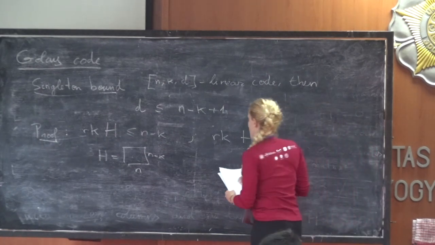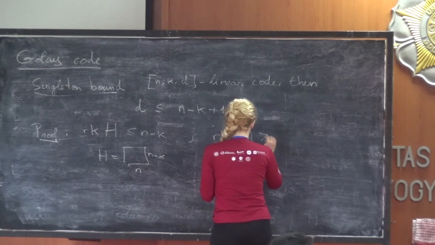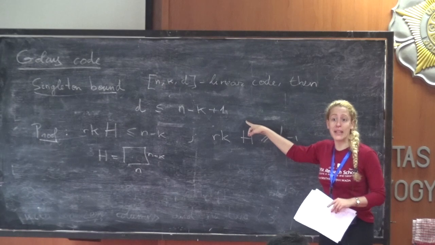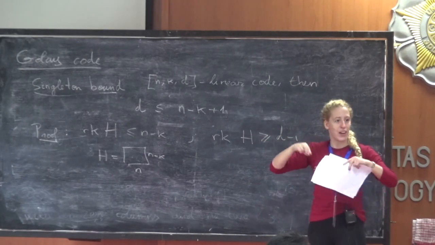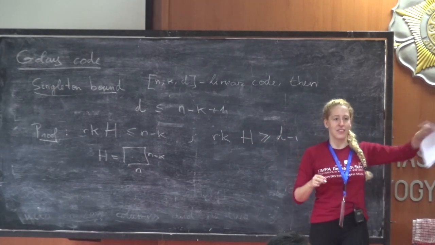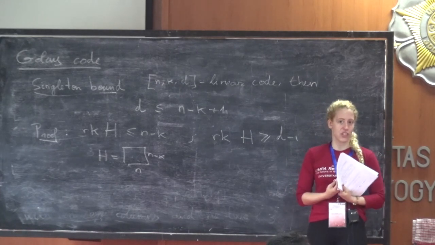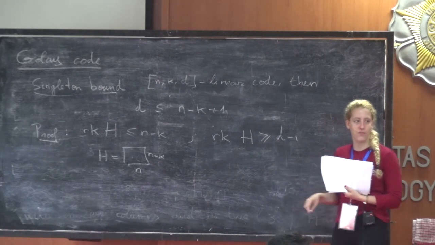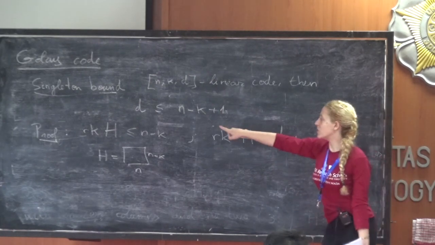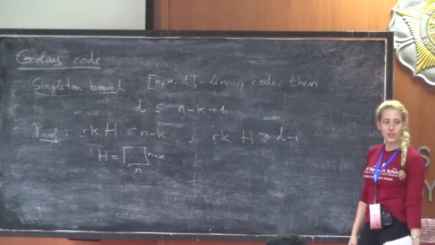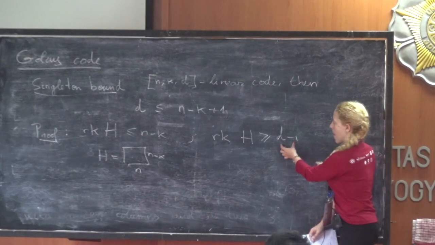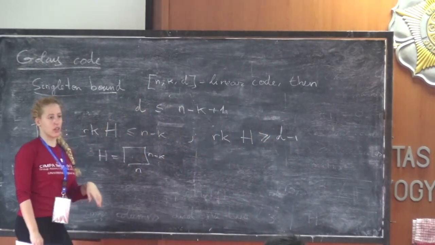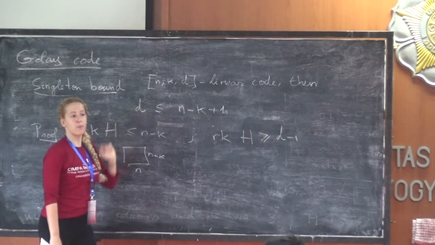That means this number has to be greater or equal than d minus 1, because if it was smaller than this, then with the proposition of the other day you would get a contradiction with the minimum distance. Now you just have to put all these together. So d minus 1 is smaller or equal than this, that is smaller or equal than n minus k. So you get the inequality here.